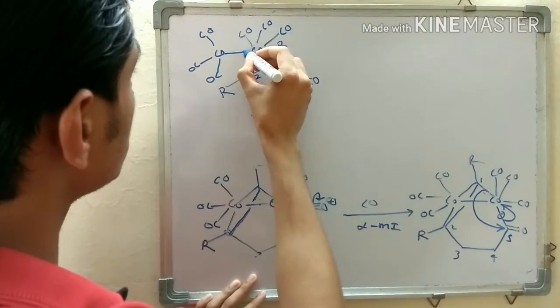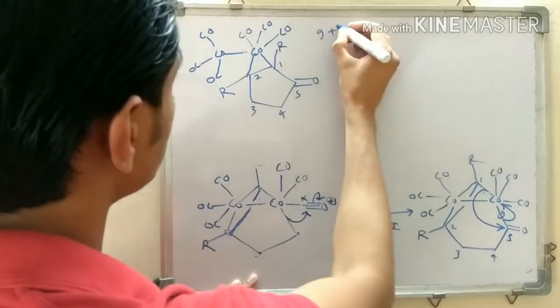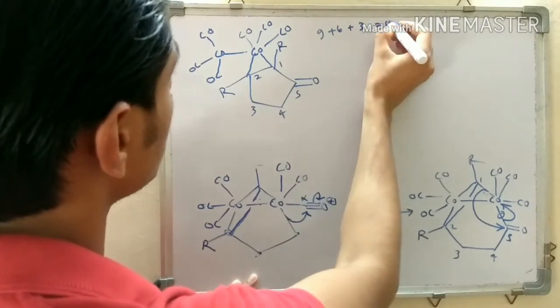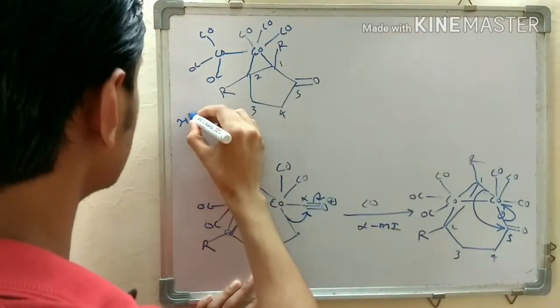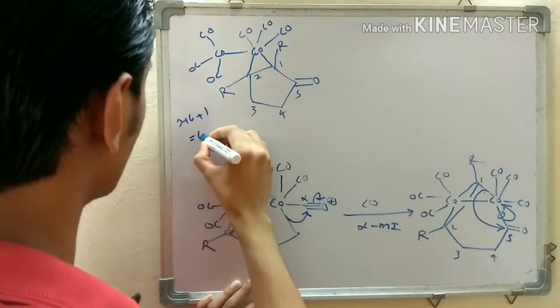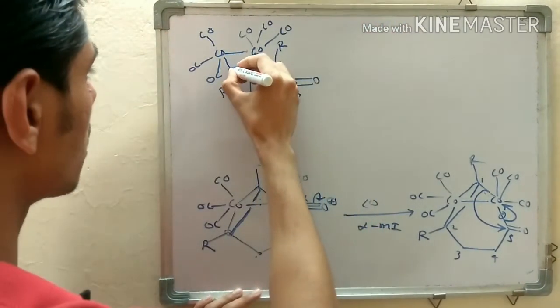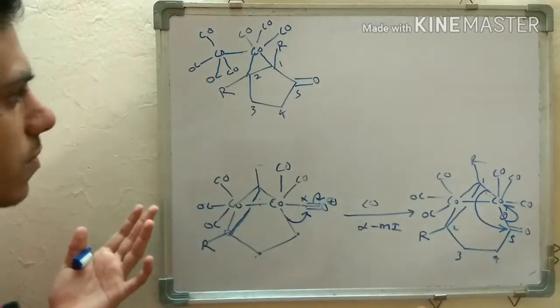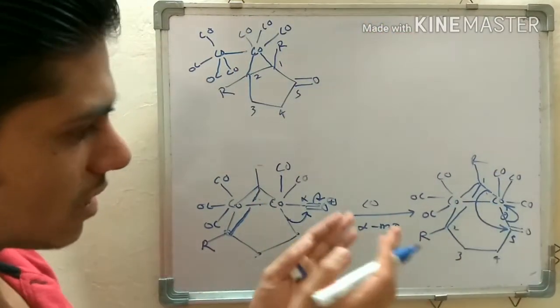Now you can see this is 18 electrons because 9 plus 6 plus 3, so it is 18 electrons. But this is again 9 plus 6 plus 1, and it is 16 electrons. But that doesn't matter, it can take up another carbonyl, so it becomes 18 electrons also. It doesn't matter.